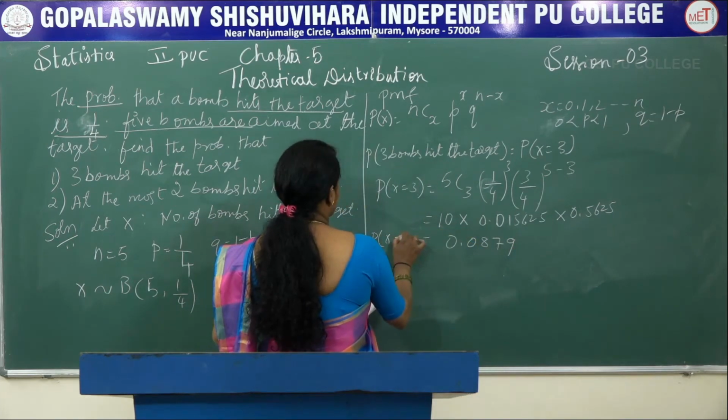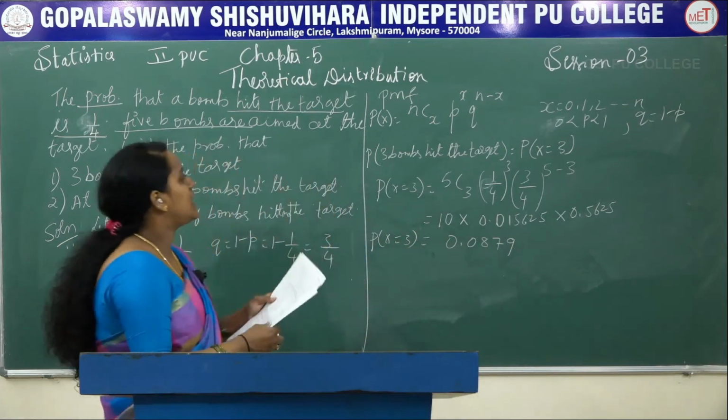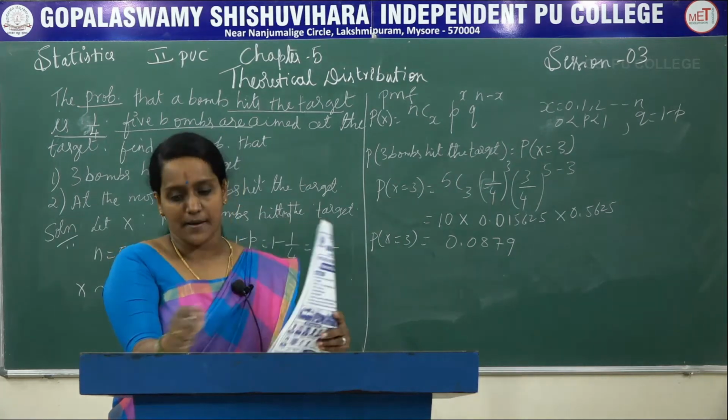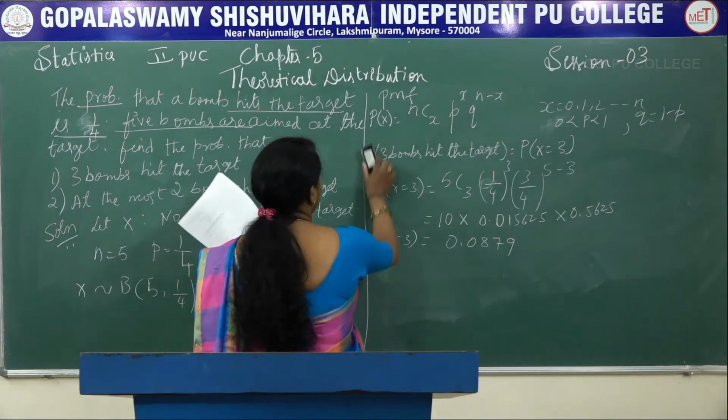This is our probability of X equals 3. If 3 bombs hit the target, this is the chance of hitting the target. And next one.